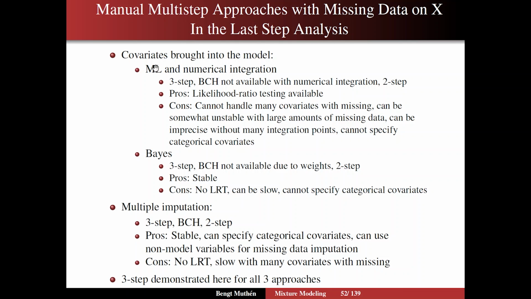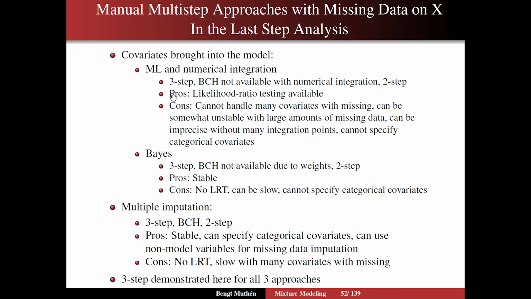When you choose to bring the covariates into the model, you can use maximum likelihood and numerical integration, or you can use Bayes. With ML, you have the choice of 3-step, whereas BCH is not available with numerical integration, and 2-step. So 3-step and 2-step are available, not BCH.